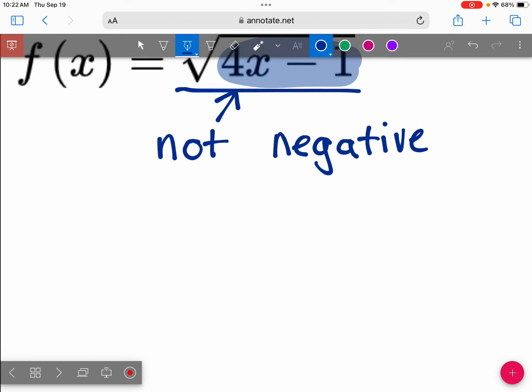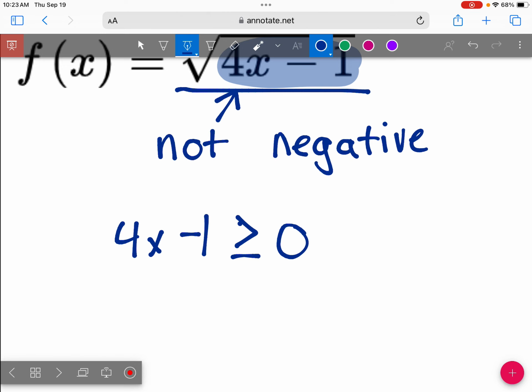So I need this piece for my domain, my 4x minus 1, to be greater than or equal to 0, right? Because it doesn't have to be the square root part. All I care about is that thing under the radical. I need that to be greater than or equal to 0 in order for my function to live in the world of real numbers.